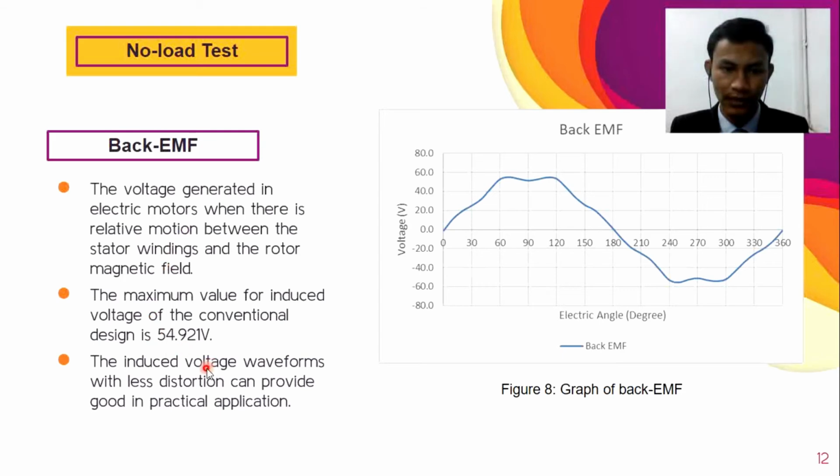So the induced voltage waveform has less distortion and can provide good practical application. So this waveform is most likely the same as a sinusoidal graph. So we can see here less distortion, but for the improvement, we will improve for a better sinusoidal graph for back EMF.